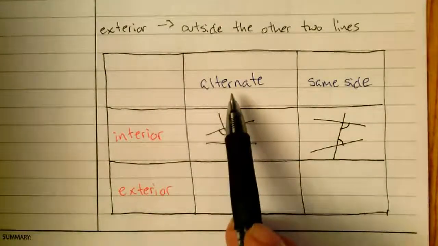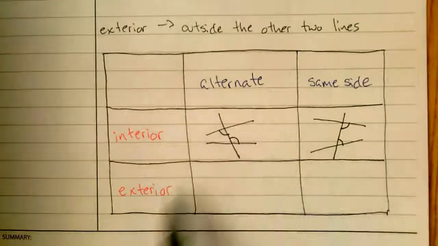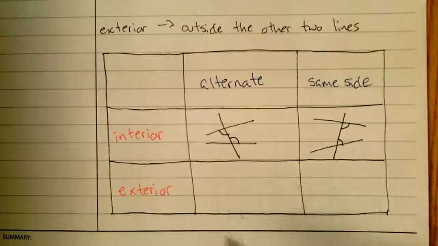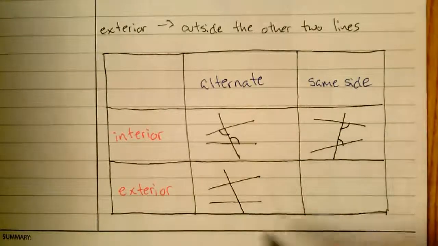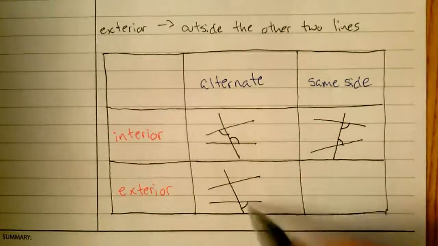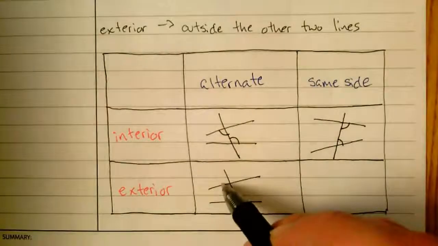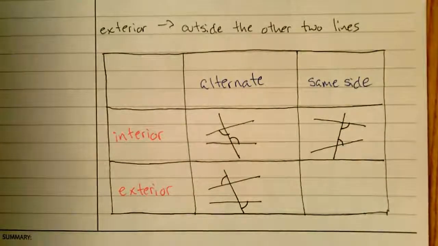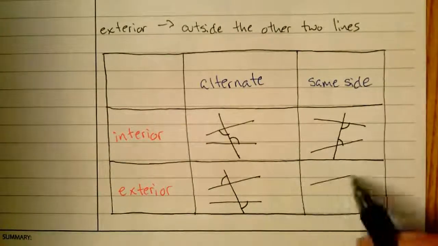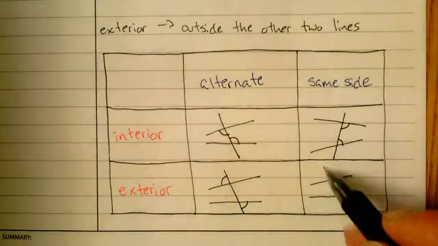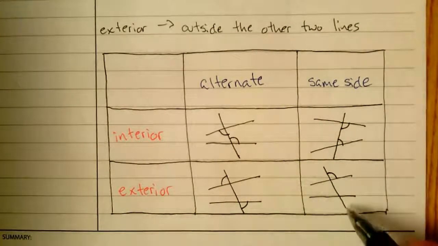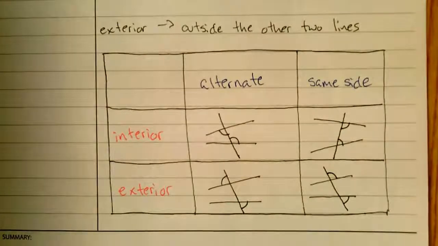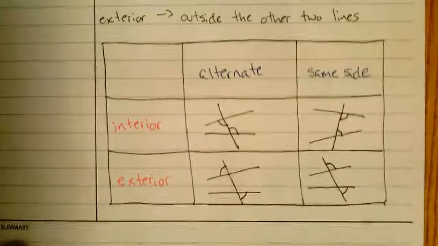We have alternate, opposite sides of the transversal, and exterior. So that looks like opposite sides and outside the transversal. And last we have same side and outside the transversal, with a slight note here.